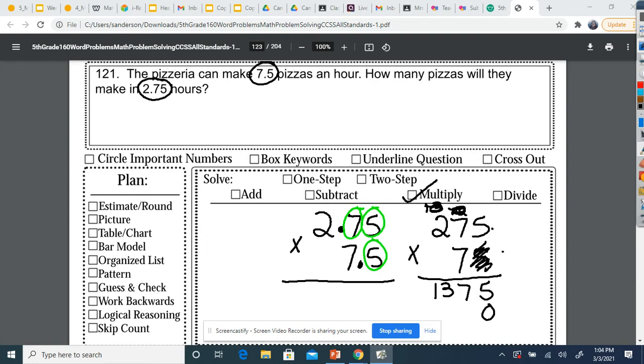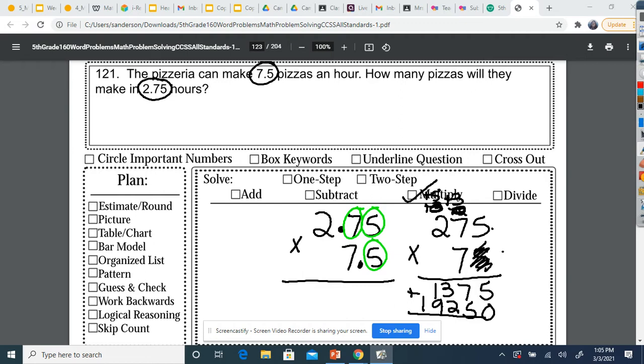7 times 5 is 35. Carry my 3. 7 times 7 is 49. Plus 3 is 52. Carry my 5. 7 times 2 is 14. Plus 5 is 19.